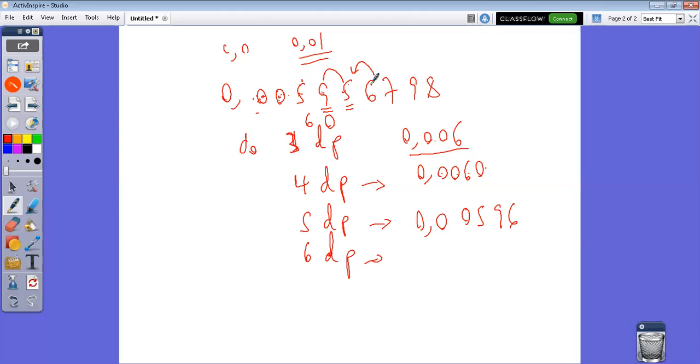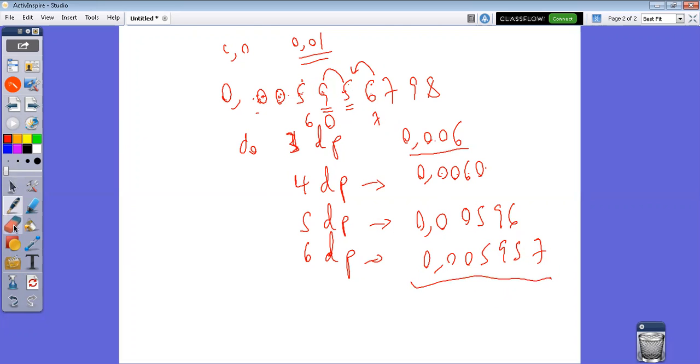Okay, so this becomes a 7 here. Can you see that? One, two, three, 4, 5, 6. Okay, this becomes a 7. 5, 7.